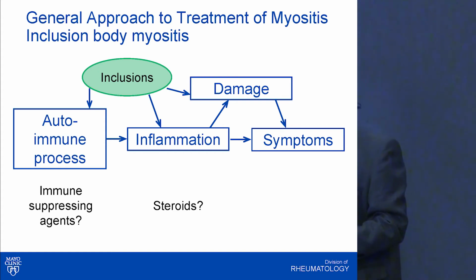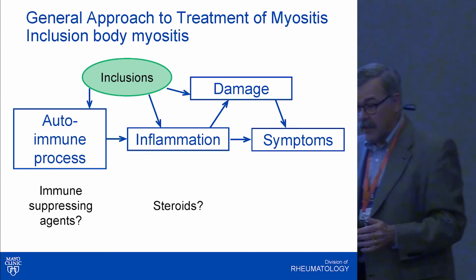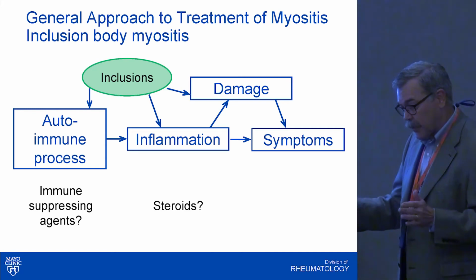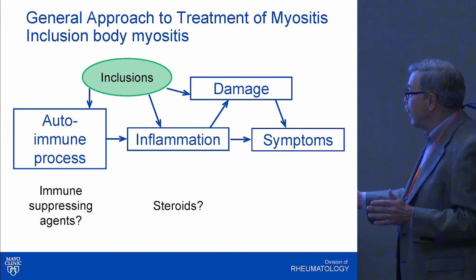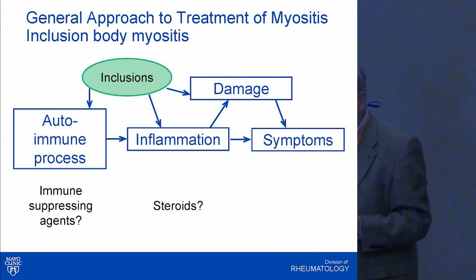Or do the inclusions cause damage to the muscle? We know that patients who are treated tend to have progression of weakness, even though the rate of worsening of weakness may slow down. The CK and muscle enzymes may come down, but there is debate about whether to treat.